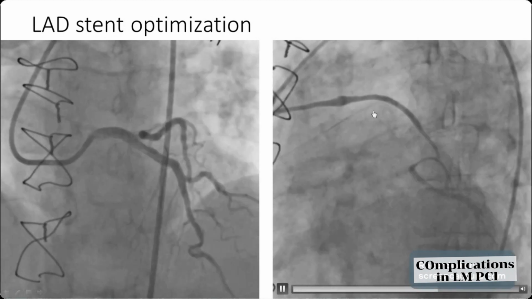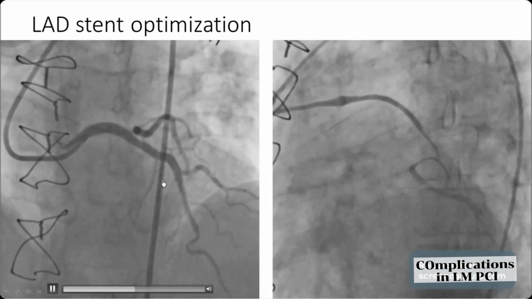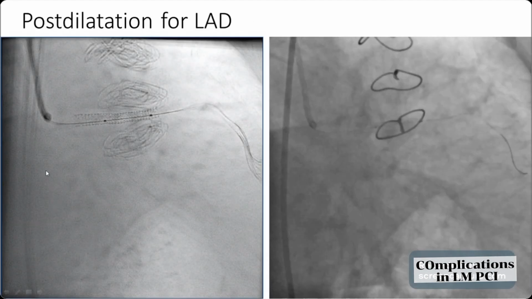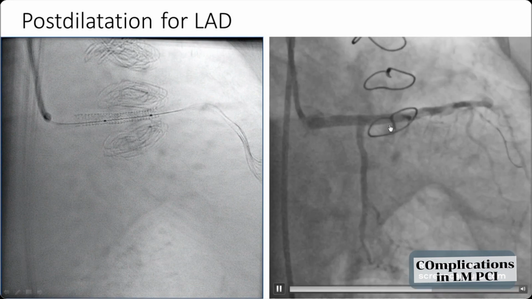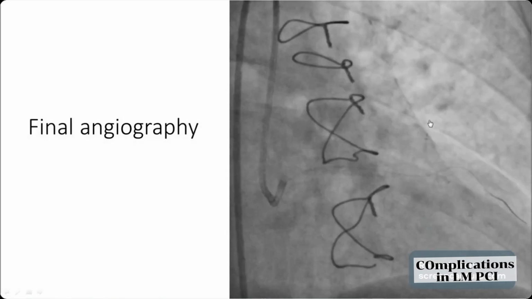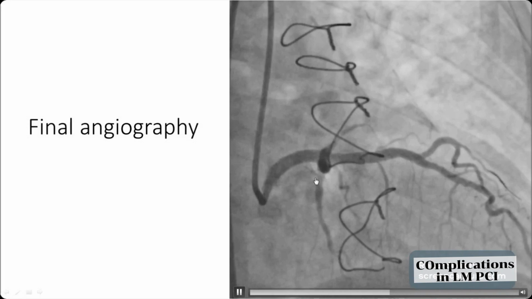But antegrade flow is good, and we know that the saphenous vein graft to the obtuse marginal was patent. Then we skipped the circumflex and post-dilated the LAD stent. It's better. And this is the final angio.